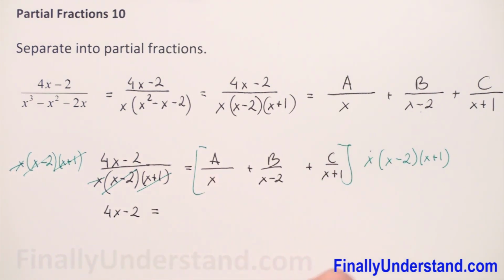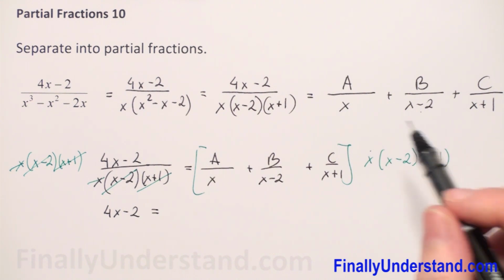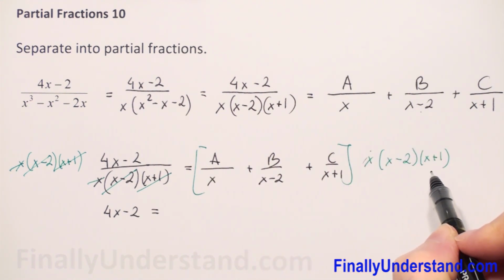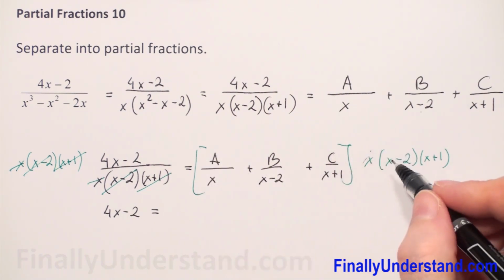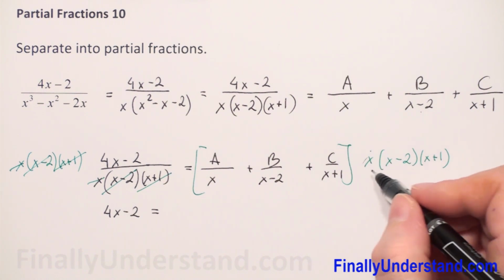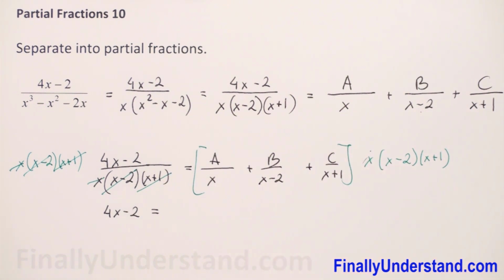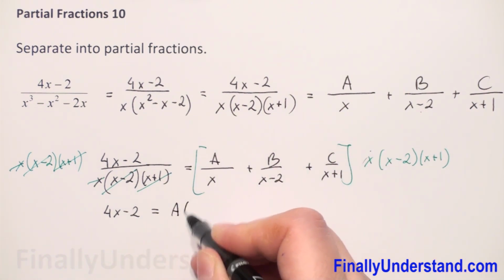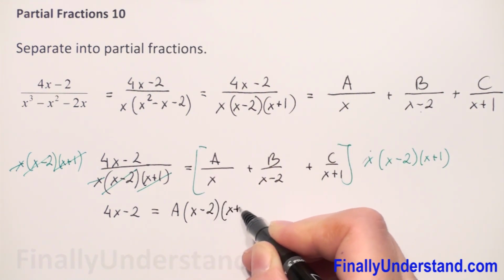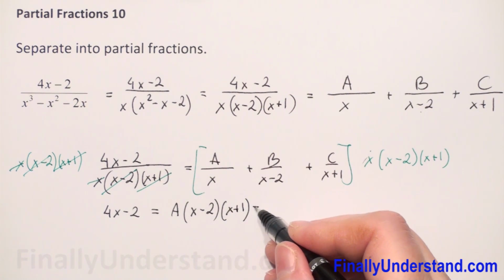This is equal, and on the right side we have to multiply every fraction by this whole term. When we multiply the first fraction by x times (x minus 2) times (x plus 1), we see that x and x will reduce, and we will have only A times (x minus 2) times (x plus 1), plus.